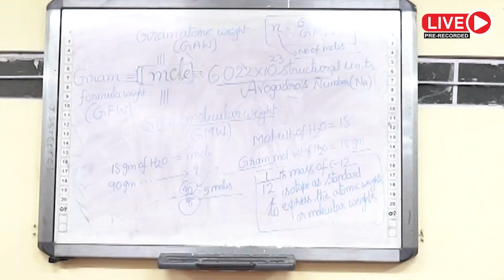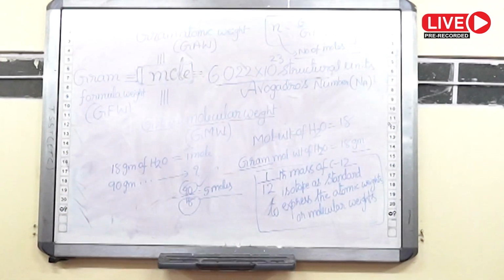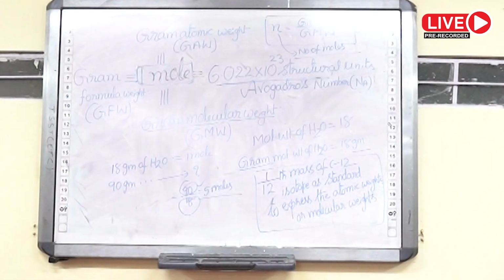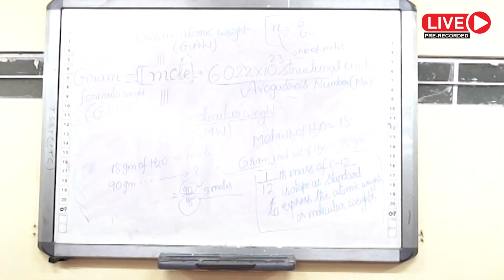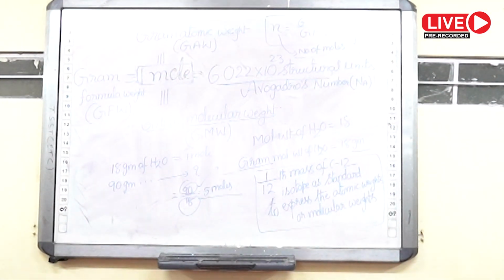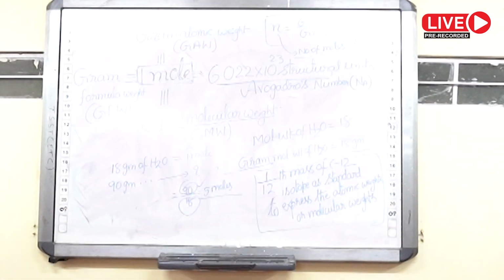Then why does chlorine have a fractional atomic weight of 35.5? Write that question. Why does chlorine have a fractional atomic weight of 35.5?